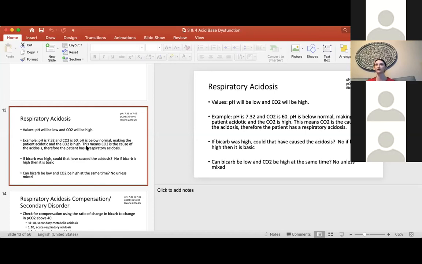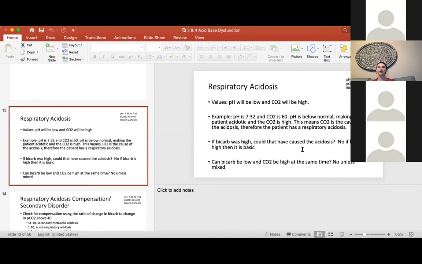Our pH is less than our range of 7.35 to 7.45, so we know it's acidotic. Our carbon dioxide is high, greater than 40. Carbon dioxide deals with the respiratory system, so we're going to have a respiratory acidosis.